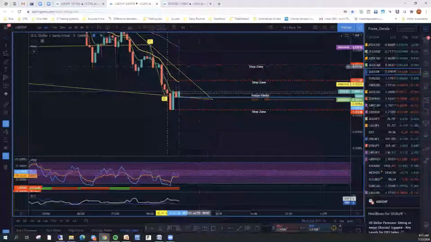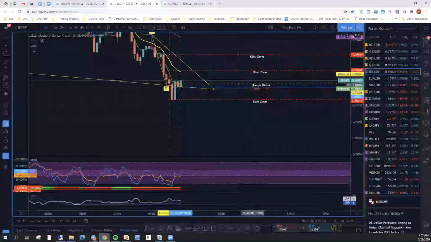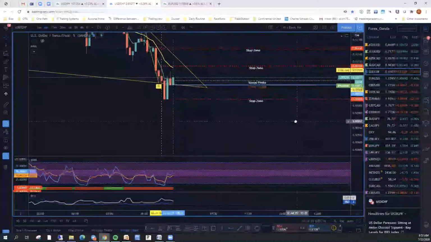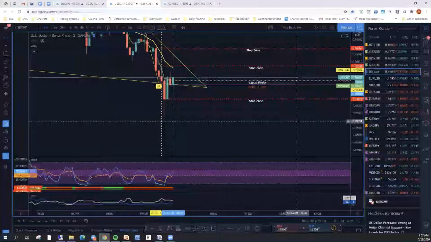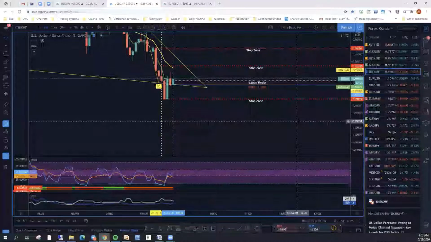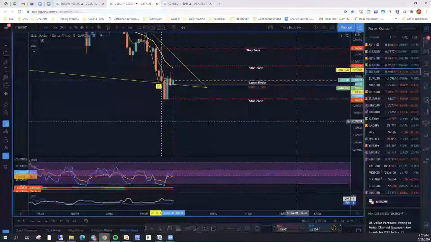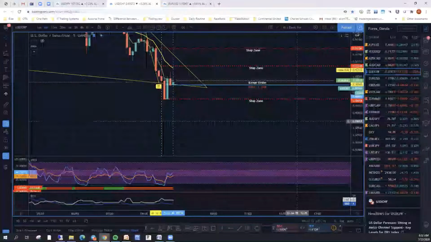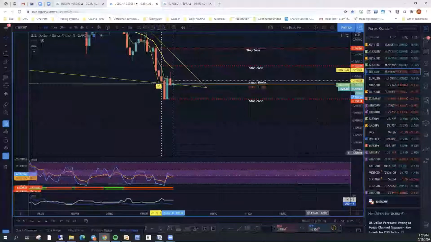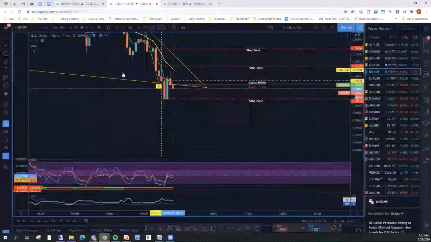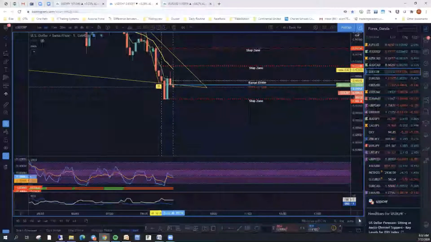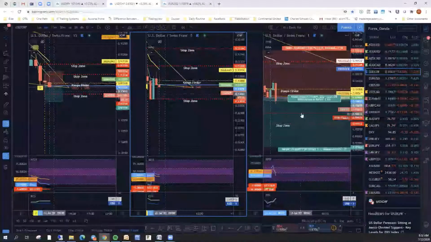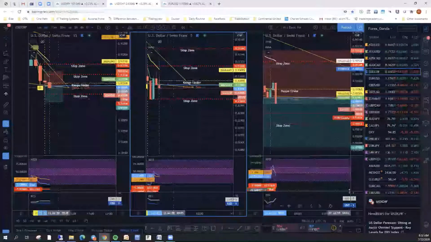So this is still our zone right here. And we still have the spread on there. Let's see, we flipped on the 1 minute. We got the Swiss on the 1 minute chart. We got the flip.